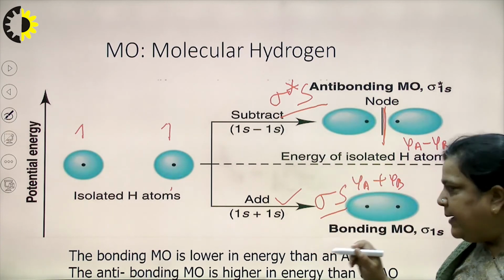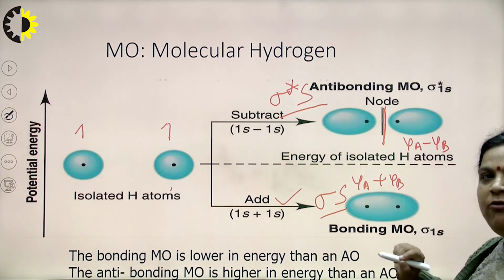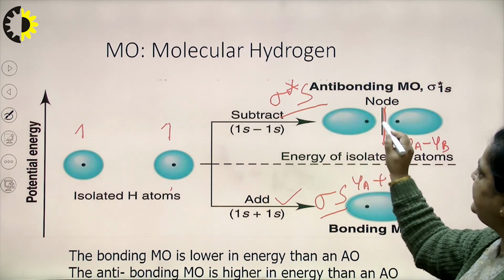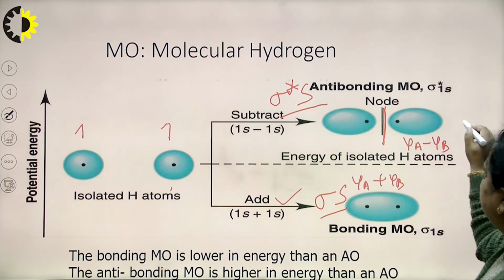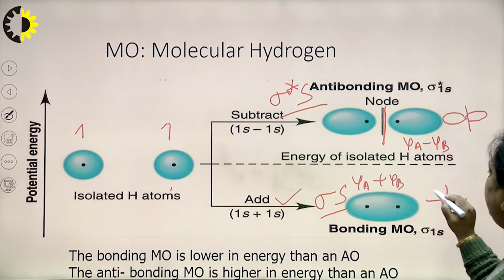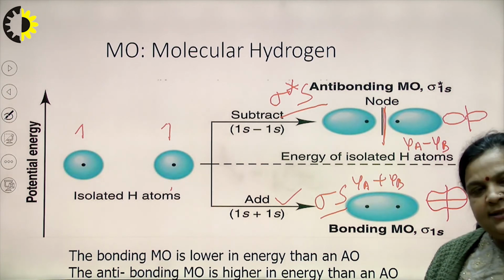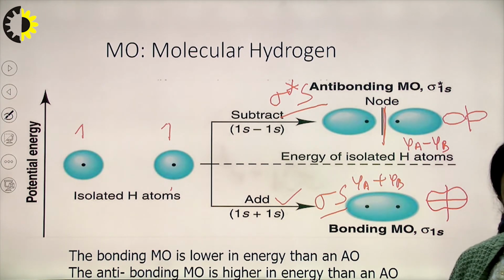So, two overlappings, additive and subtractive. In additive overlapping, the electron density around the nuclei gets increased, and in subtractive overlapping, the electron density around the nuclei gets decreased. They form like this, and in this case they form like this. So, sigma and sigma star.